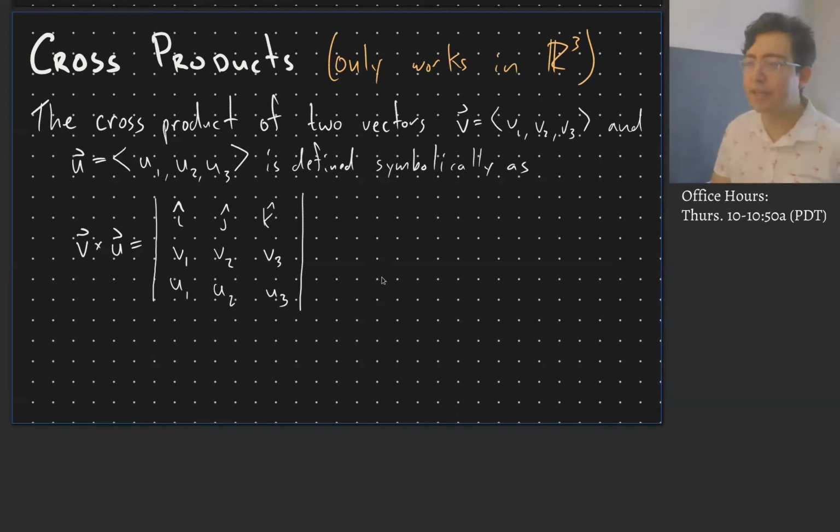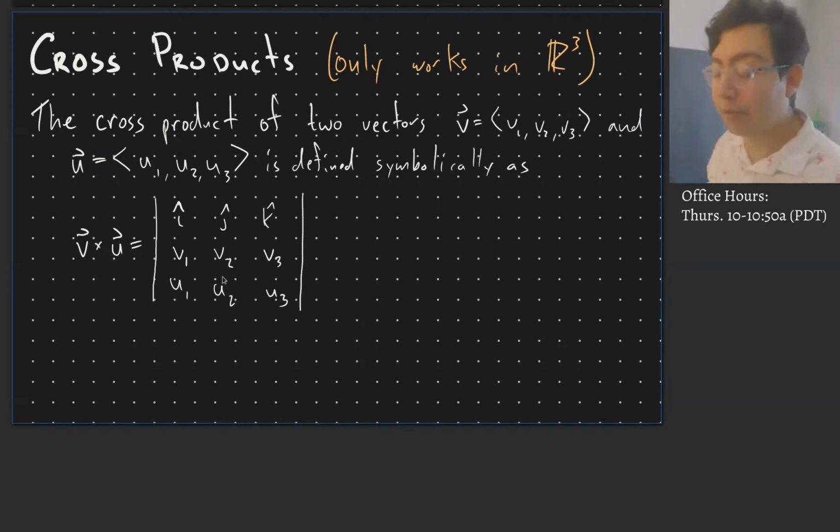Let's see the definition here. Basically, you have 2 vectors, and you want to get another vector out of those 2 vectors. The way we do that is we set up this matrix where we have i, j, k. Remember what i, j, k are?